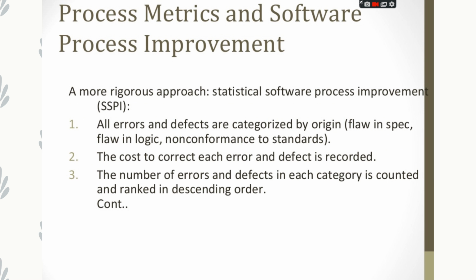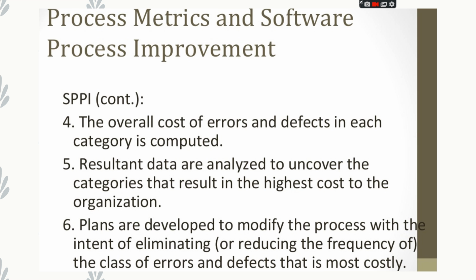A more rigorous approach would be statistical software process improvement. All errors and defects are categorized by origin: flaw in spec, flaw in logic, non-conformance to standards. The cost to correct each error and defect is recorded. The number of errors and defects in each category is counted and ranked in descending order.